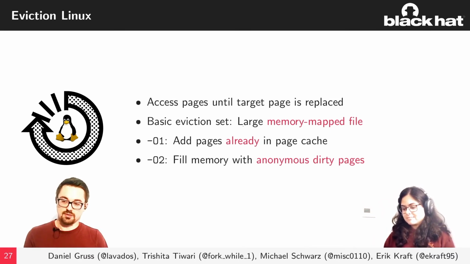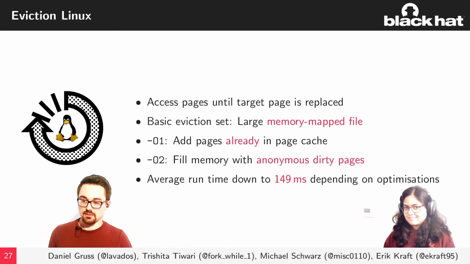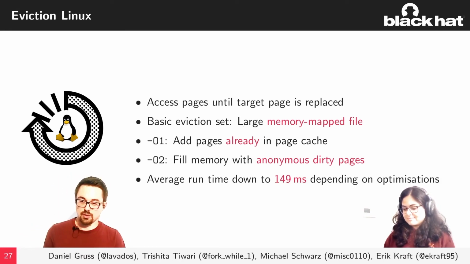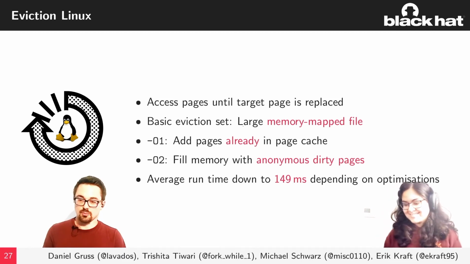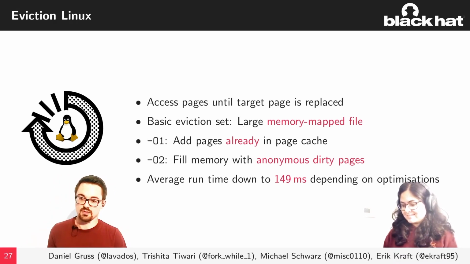That means we have fewer possible eviction candidates, and so we are faster in the eviction. With all these optimizations, we get an average runtime of around 149 milliseconds, depending on how the optimizations are configured. You can also get lower, but then you have more CPU utilization and it's not so stealthy anymore.